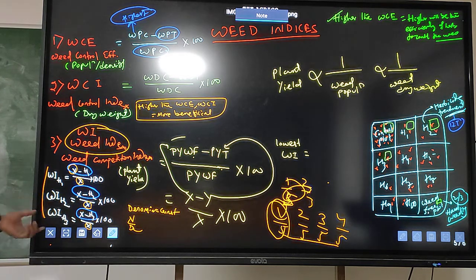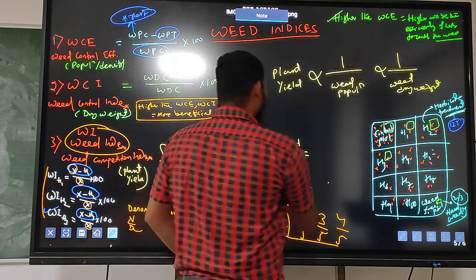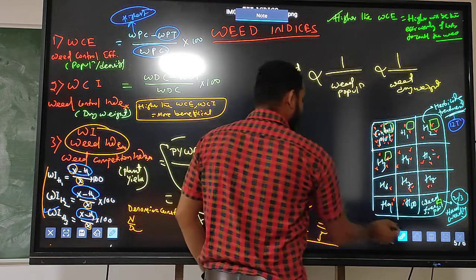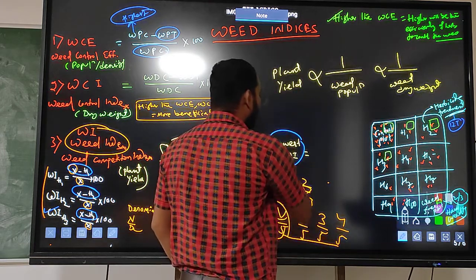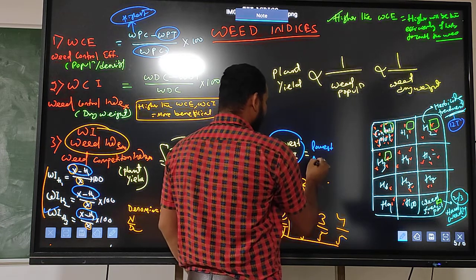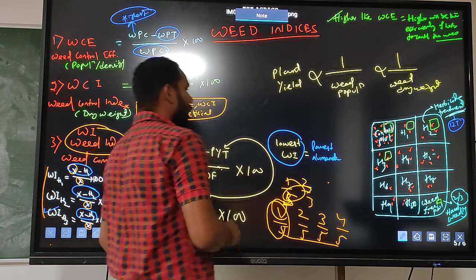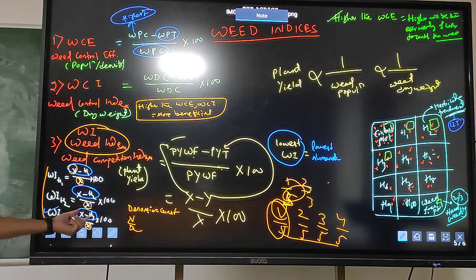If the numerator is less, then the weed index will be low. So remember, the lowest weed index I will get in the case where I get the lowest numerator. Yes or no?